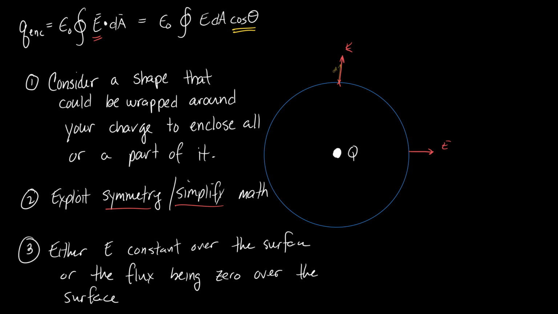That's our goal, is try and make it so that either the electric field is in line with our area and constant over that surface, or we want to make it so that the flux is 0. That's how we choose a good Gaussian surface.